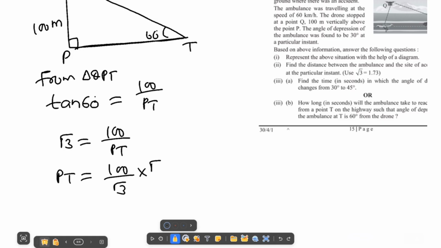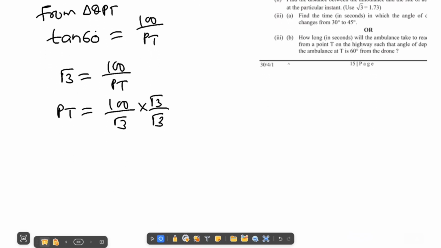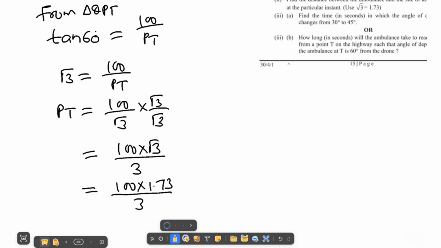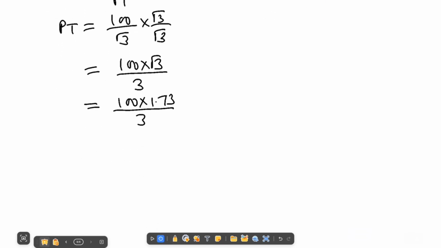You can multiply with root 3 by root 3 to rationalize the denominator. So it becomes 100 into root 3 by root 3 into root 3, which is 3. Now it is equal to 100 into root 3 value, 1.73, by 3. Now it is equal to 100 into 1.73, which is 173 by 3 meters.